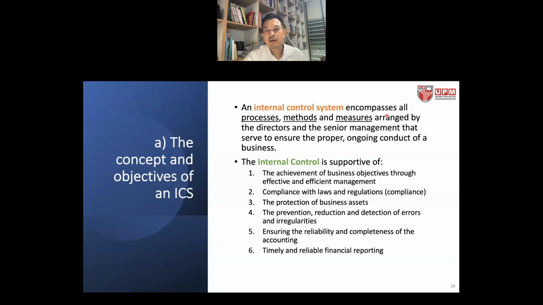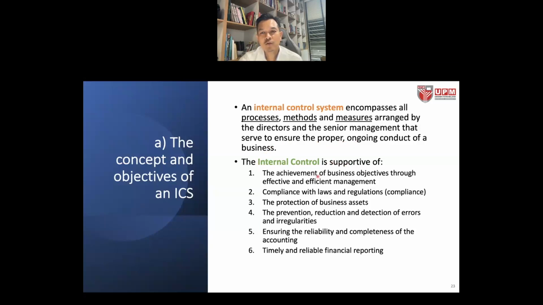So ICS encompasses all the processes, methods, and measures arranged by the directors and senior management that serve to ensure the proper ongoing conduct of a business.